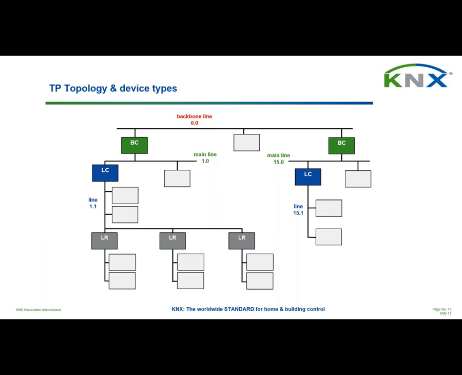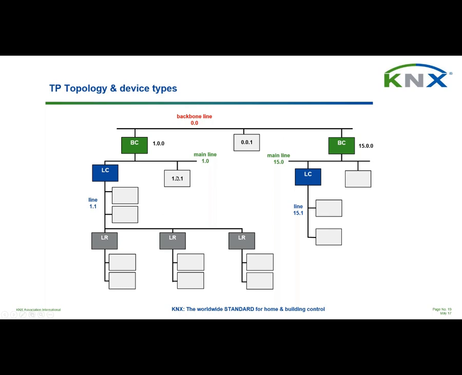What does it mean for devices? Here we see the illustration of the rules that I have just explained to you. This very device here has an address, for example, 0.0.1. The backbone coupler shall have address 1.0.0, and on the other end, on the right side here, this backbone coupler shall have address 15.0.0.